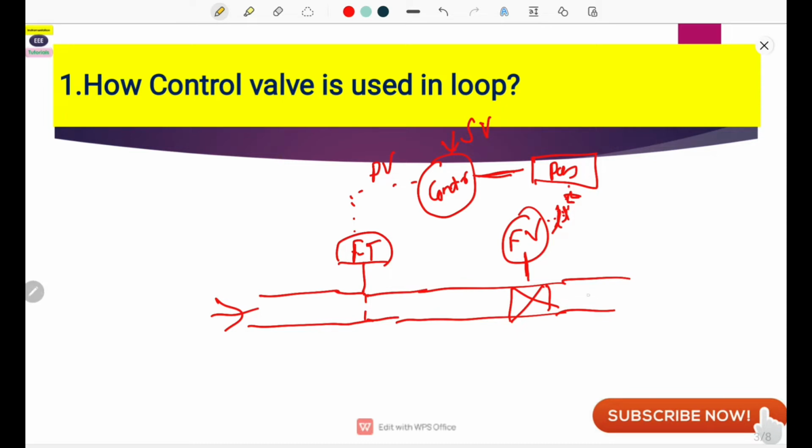This is an example of flow measurement where an FT, a flow transmitter, is installed in this line, and here the valve is installed.